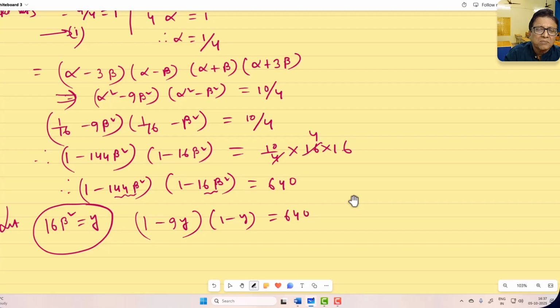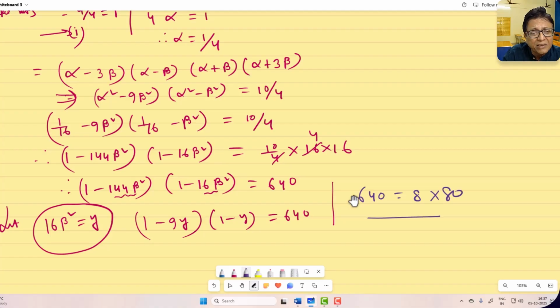Okay, quadratic, and 640 is the product of this thing. Let us make this observation that 8 into 80. If we have taken y equal to 9, then what do you get?